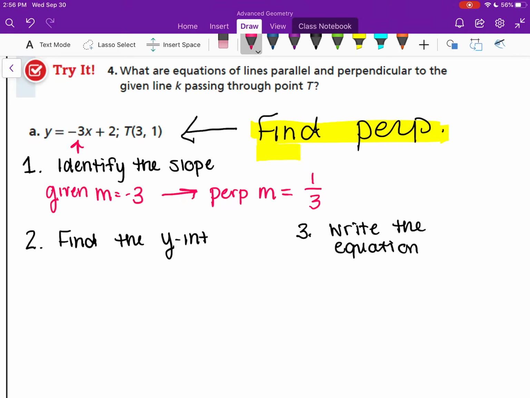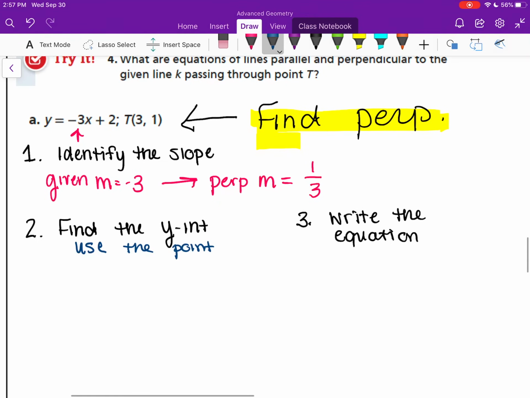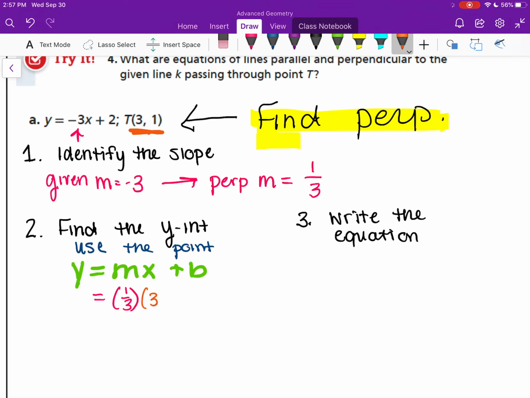Now my next step is to find the y-intercept, and I'm going to use the point they gave me. I start in slope-intercept form, which is y equals mx plus b. I now know my m is 1/3. I'm going to substitute the x and the y from the point that was given to me, 3, 1, where x is 3, so where I see an x, I put a 3, and y is 1, so where I see a y, I put a 1.